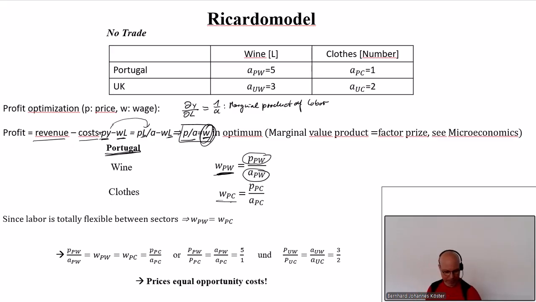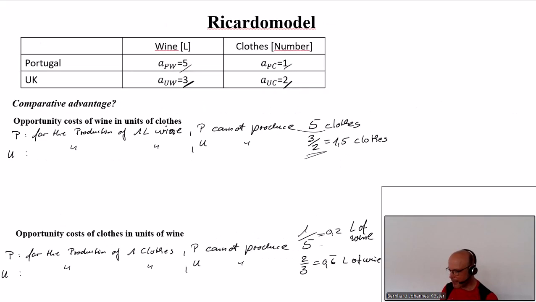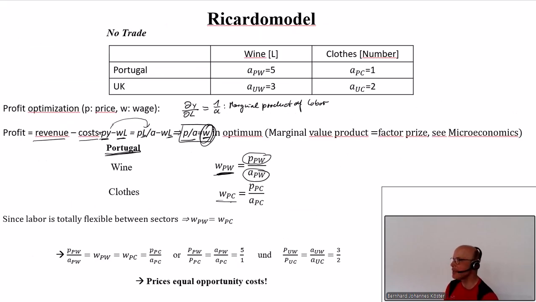And now remember, we made the assumption that labor is completely flexible. So I, for myself, can just decide, do I want to work in the wine sector or do I want to work in the clothes sector? So what does this mean now economically?